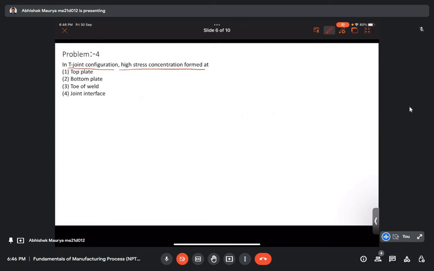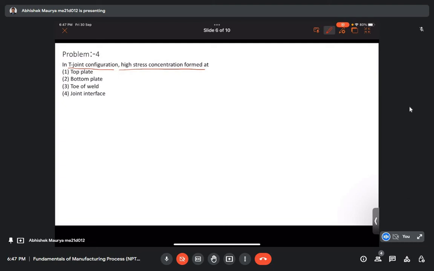If you remember, we have studied in solid mechanics that because of the geometry of our component, when we apply some force on it, there are certain points where a concentration of stress happens, and the component fails particularly at those points.